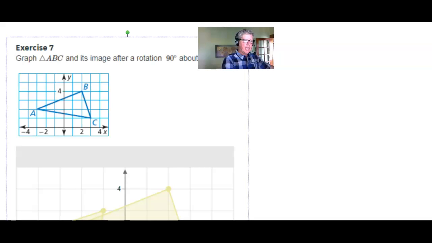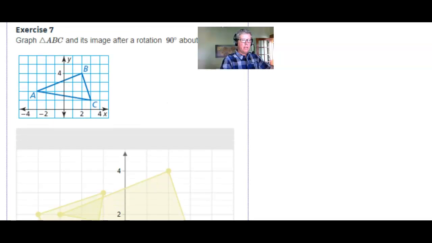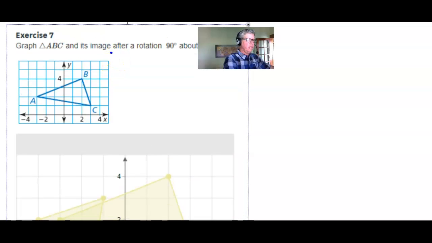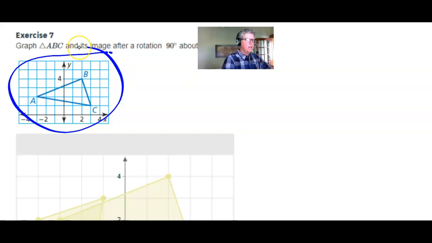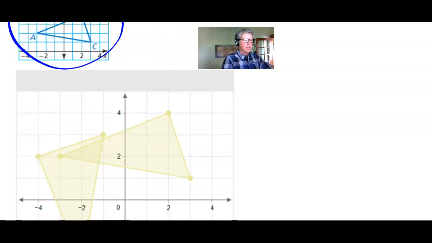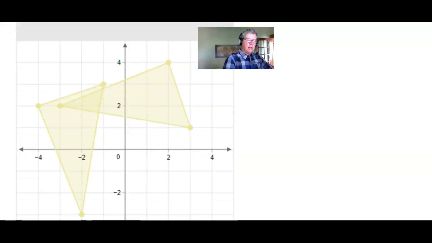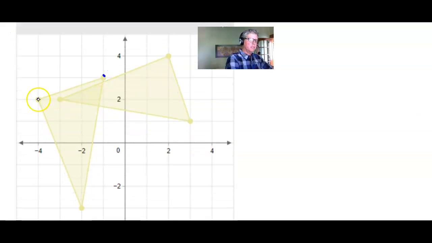I'm going to include the answer to number 7 to kind of show you this is what you started with. And you're supposed to do a 90-degree rotation. So you need to graph the original and then plug in those points and then plot those points, connect them, hit enter, get the high five, and move on.